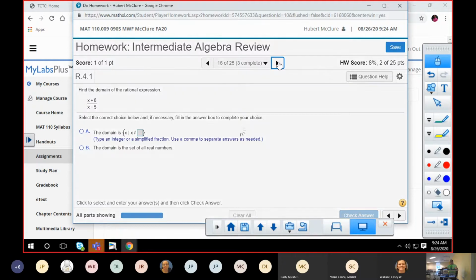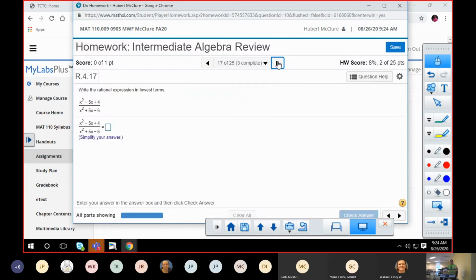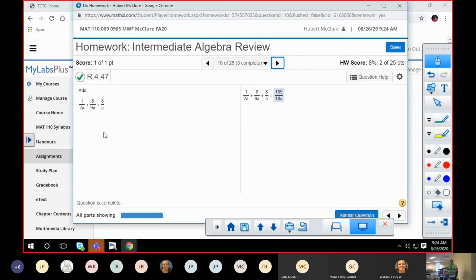I think we did domain. Now y'all gotta help me out because 109 and 111, we're doing some of these same problems. Did we do this one, trinomial? Did we factor that one? I believe that was the last one we did. Somebody speak. Yes. Okay. Did we do this one?